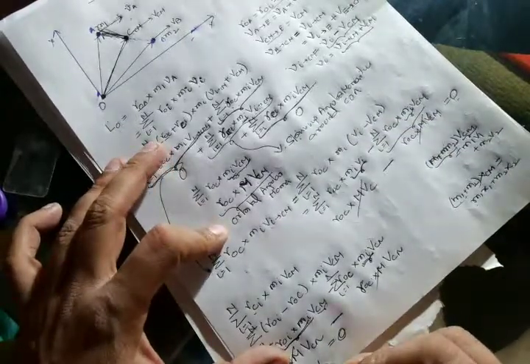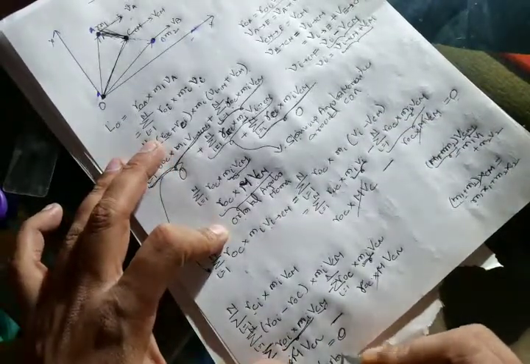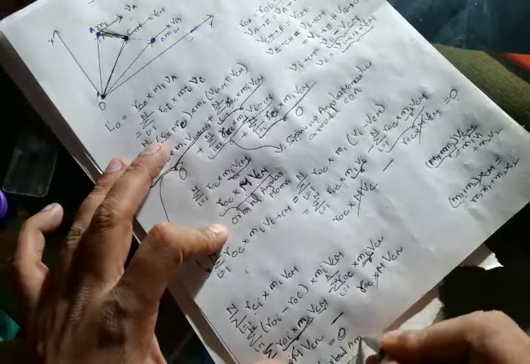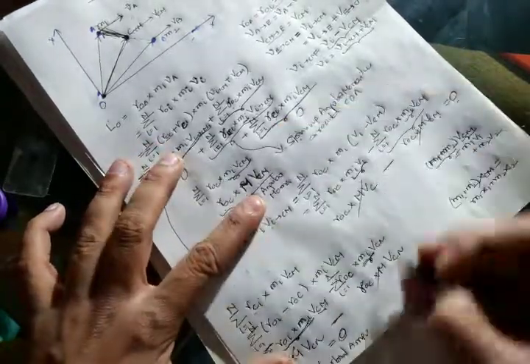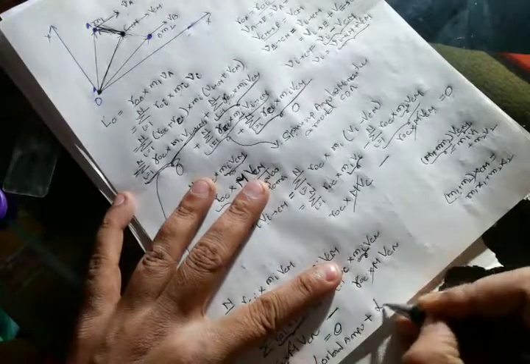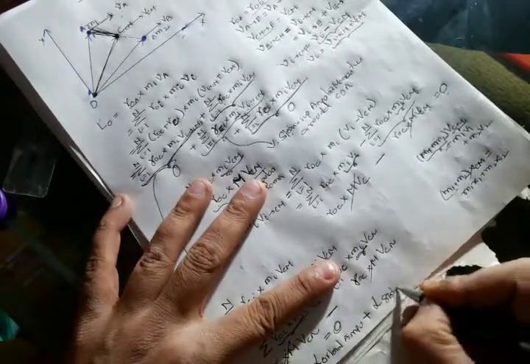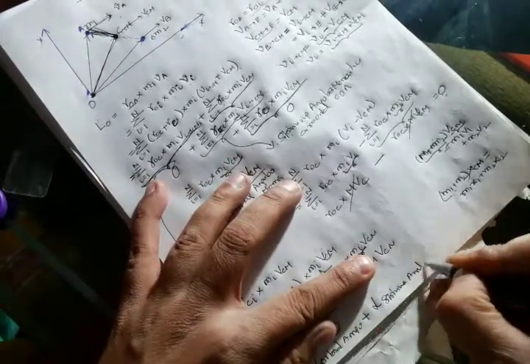So my angular momentum around O will be equal to the orbital angular momentum plus the spinning angular momentum.